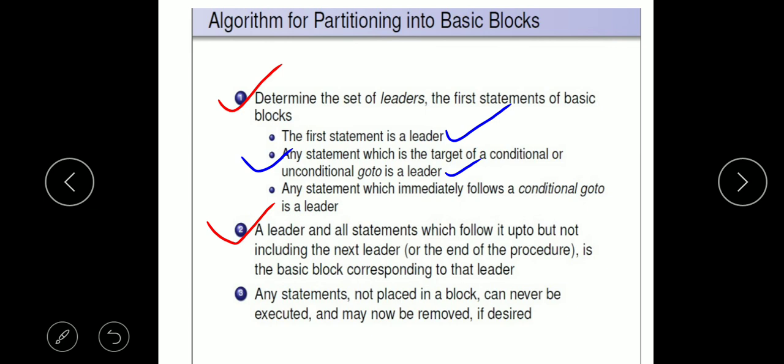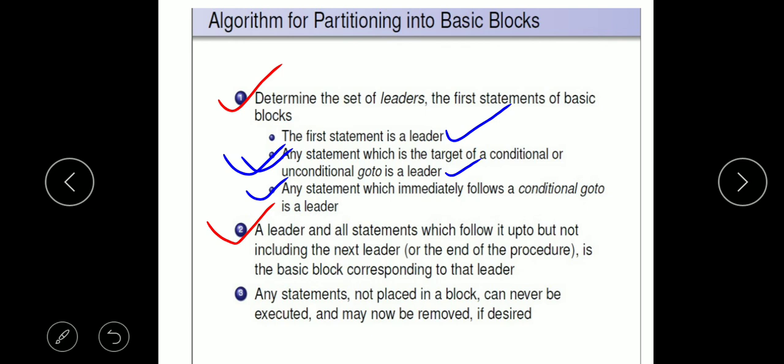And rule number 3: any statement which immediately follows a conditional go to is a leader statement.